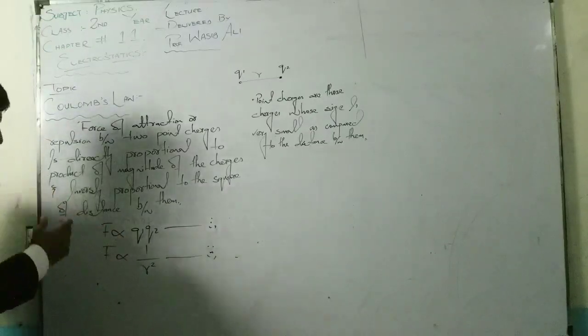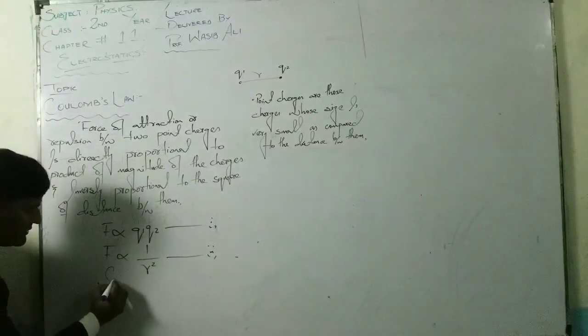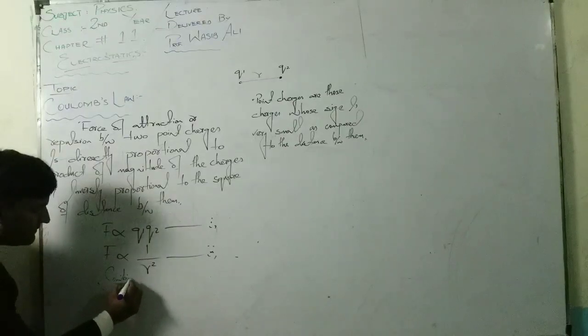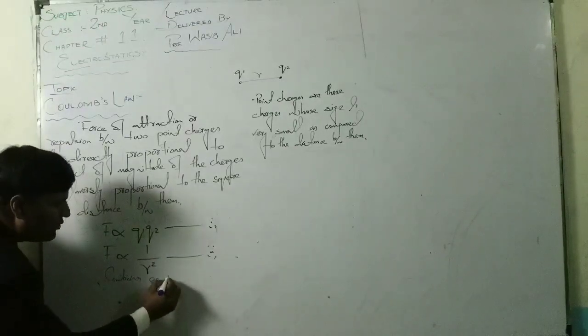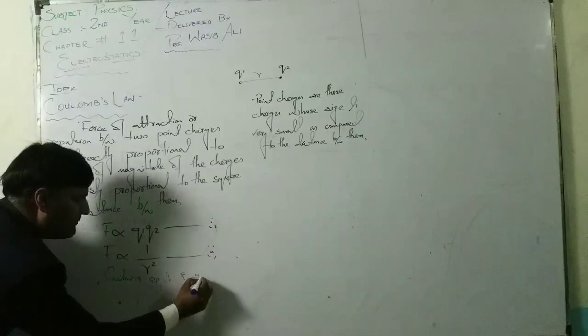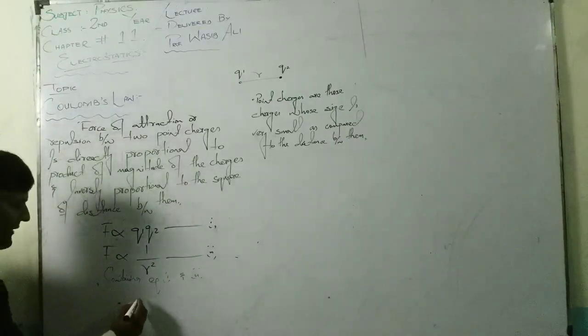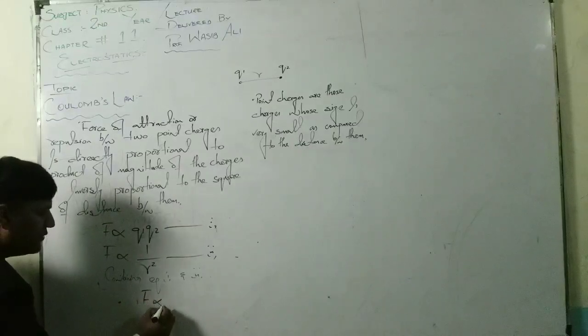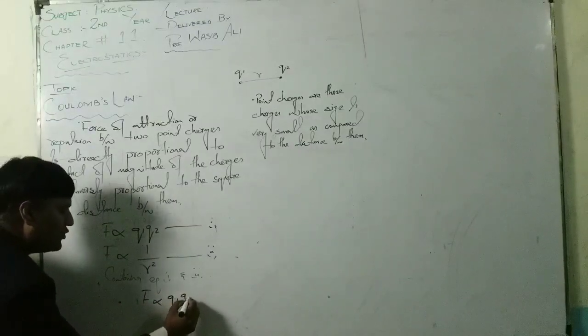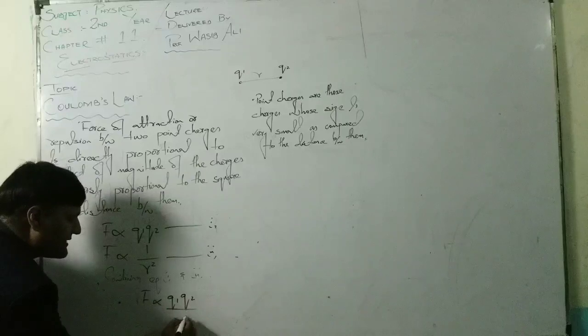Now combining equation 1 and equation number 2, we get F is proportional to Q1 Q2 divided by r square.